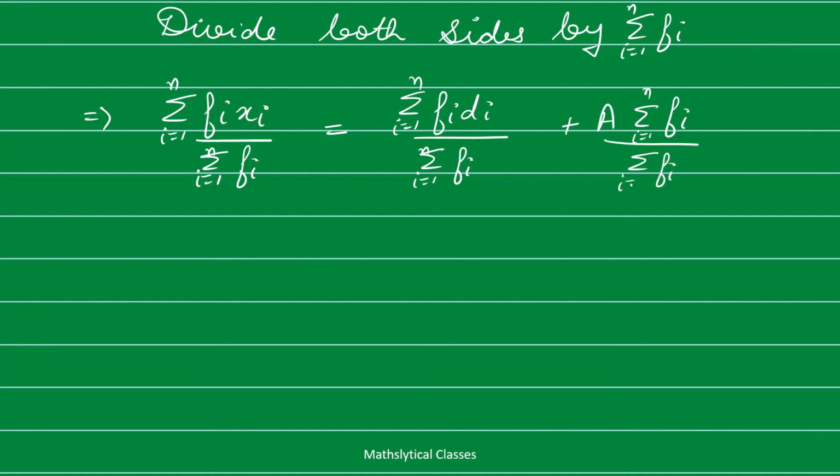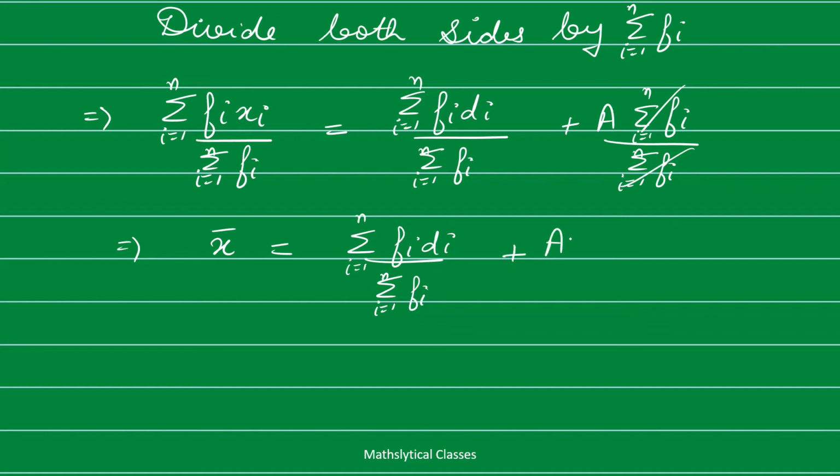So this and this get cancelled. This is x bar, so it's equal to summation fi di divided by summation fi, i varying from 1 to n, plus a.